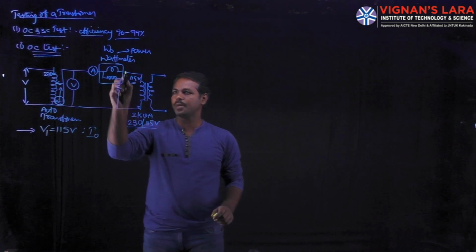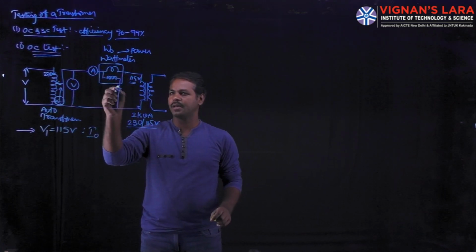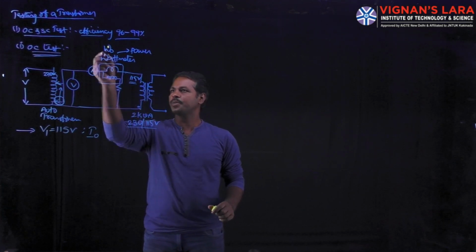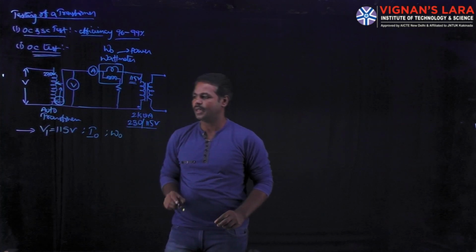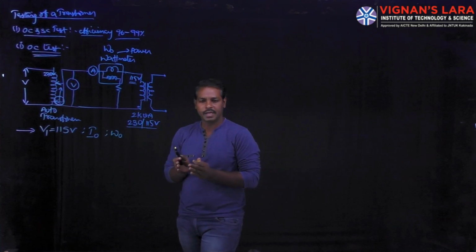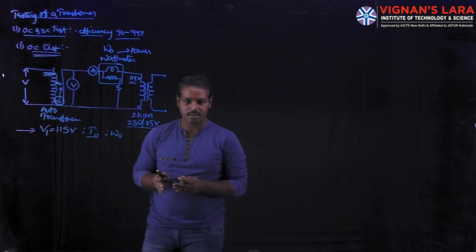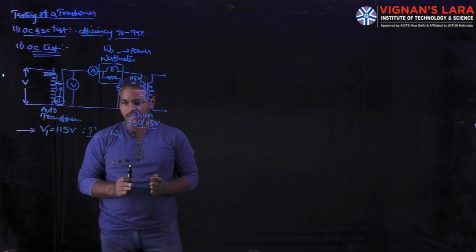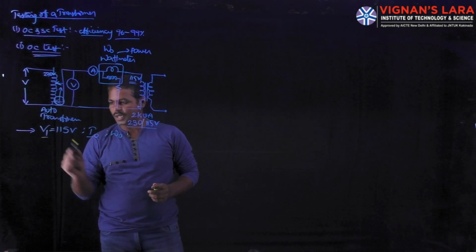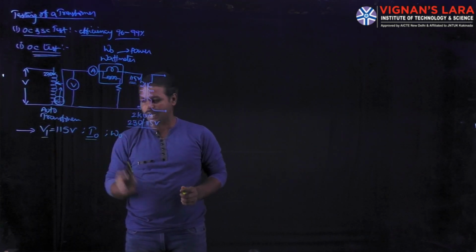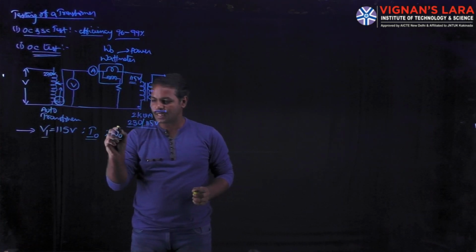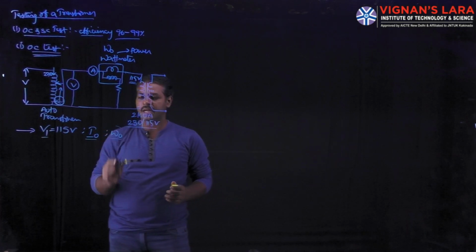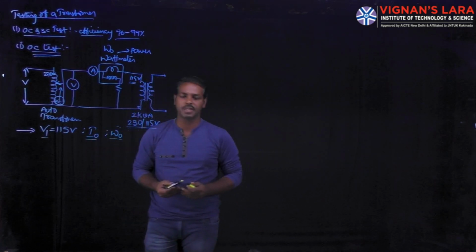The corresponding power absorbed by the transformer is measured by the wattmeter, denoted by W0. So when conducting the open circuit test, we get three values: one is the input voltage, another is the no load current, third is the no load power. These are the parameters obtained from conducting an open circuit test.